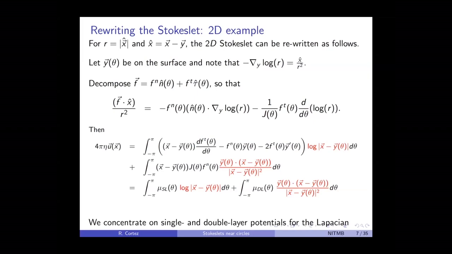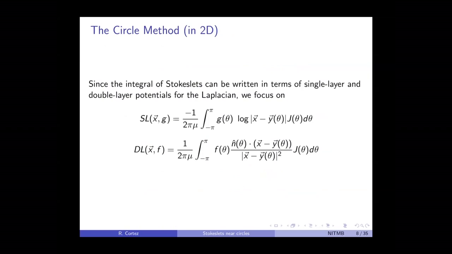And so we end up with these two things at the bottom, which is some density times the Green's function for the Laplacian, and then a second, a double layer potential. Okay, so because of that, I'm going to restrict my attention to these two integrals. And in about 5 slides, I'm going to argue that really the first one is the one that we want to compute, and the second one will follow.